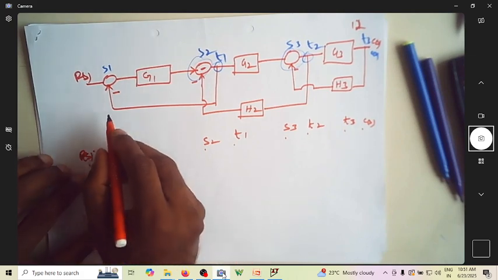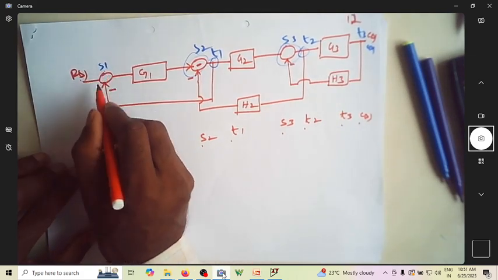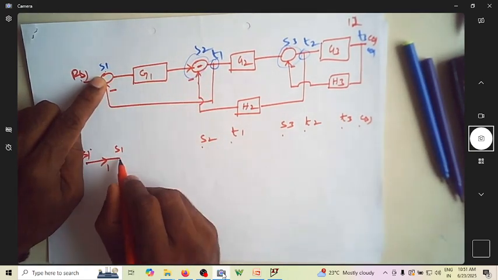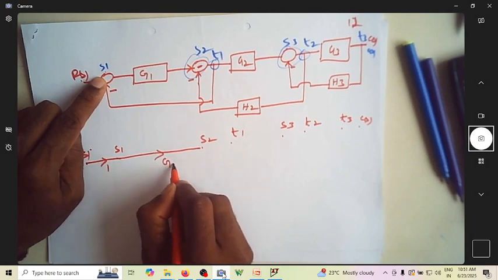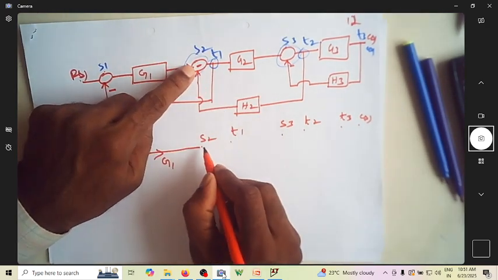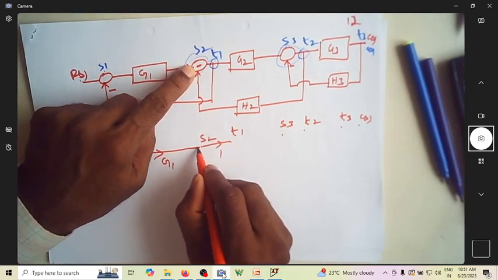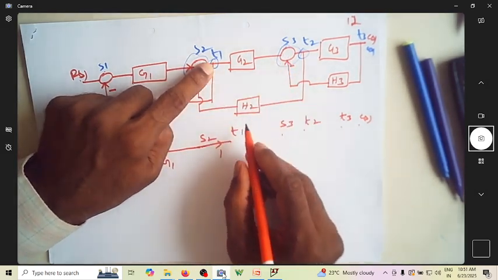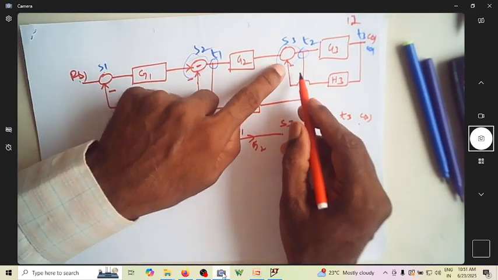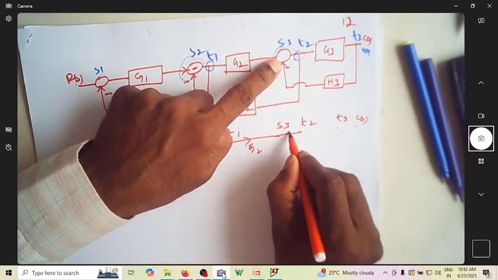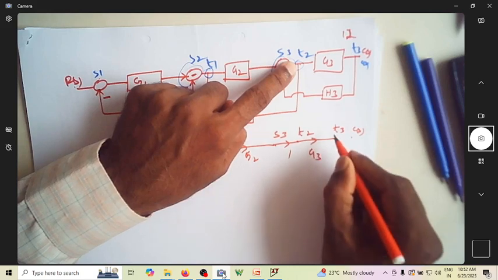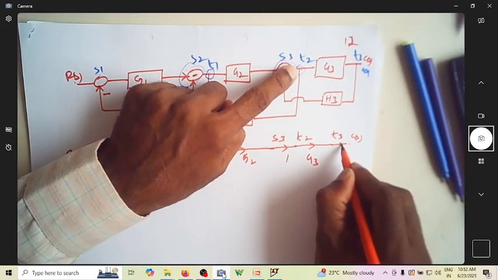Now join them. How to join? Between R(s) and S1 you have 1. Between S1 and S2 you have G1. Between S2 and T1 you don't have anything, so take it as 1. Between T1 and S3 you have G2. Between S3 and T2 you have 1. Between T2 and T3 you have G3. Between T3 and C(s) you have 1.